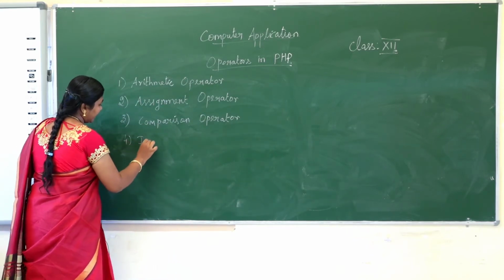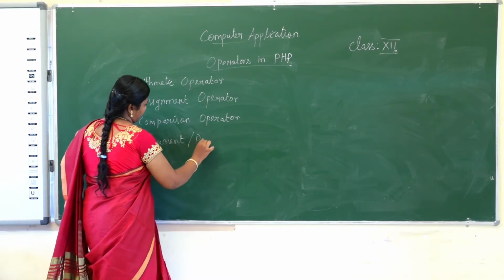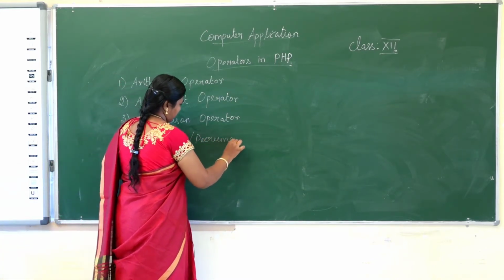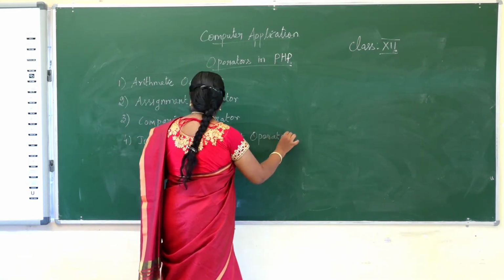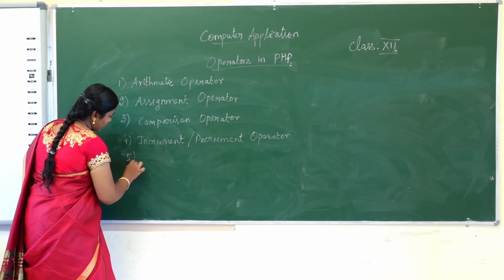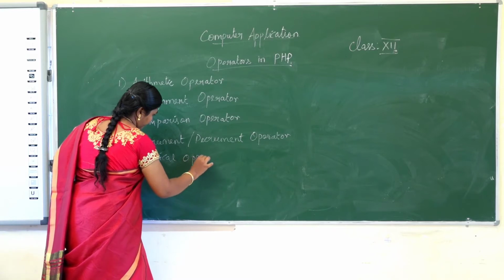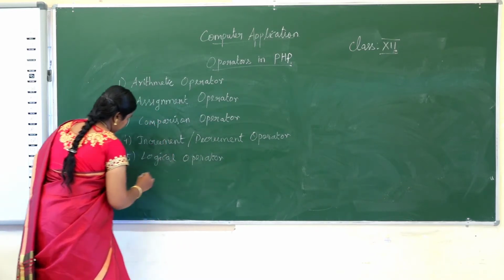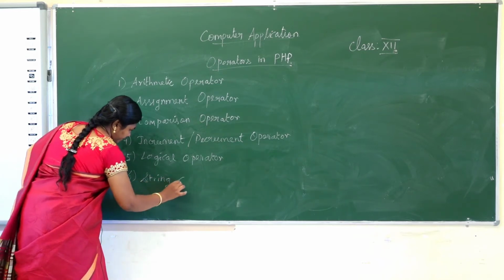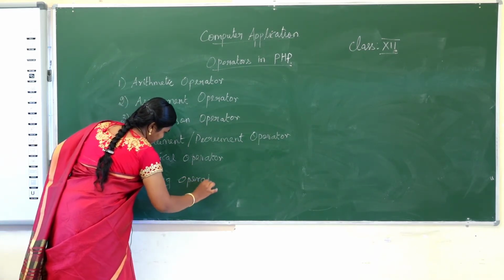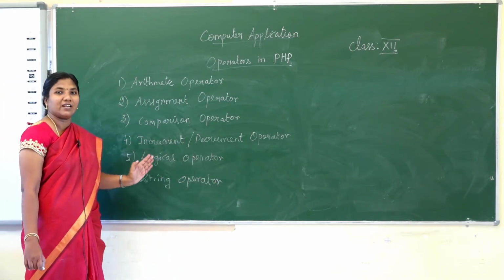Fourth one, increment or decrement operator. Fifth one, logical operator. Sixth one, string operator. So these are the 6 types of operators available in PHP.